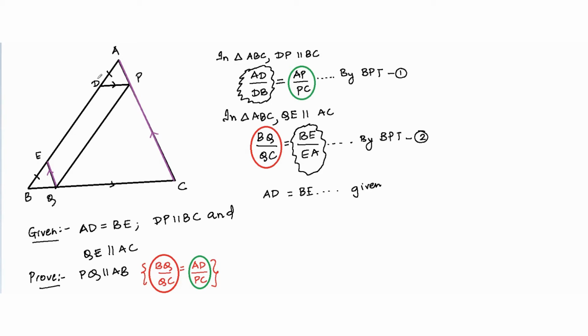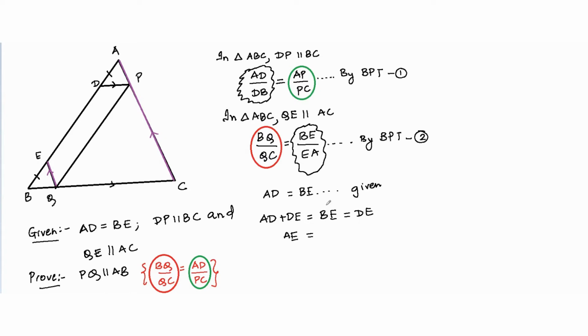Similarly, the length DB. So what is DB comprised of? DB is comprised of the length DE and EB. So I can say that AD plus DE. Assume that I am adding DE on both sides. Let's see what is the result that we get. So AD plus DE basically becomes AE.